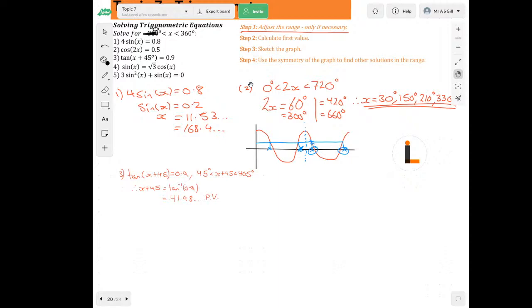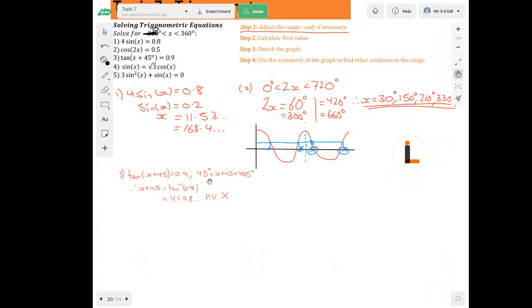Our range is between 45 and 405. So actually what we see is 41.98 isn't valid within our range, because it's below 45 and our angle must be greater than 45. So it's helpful for us to find other values, but this value doesn't count as a solution because it doesn't fall within our range.